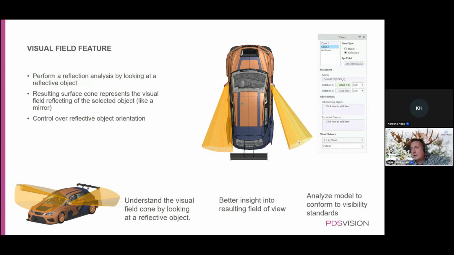This results in a surface cone that represents what you are actually able to see. If it's a camera or some other sensor, that's a different thing. But it's still possible to visualize that early in the design phase, and thus get a decent starting point for your design.